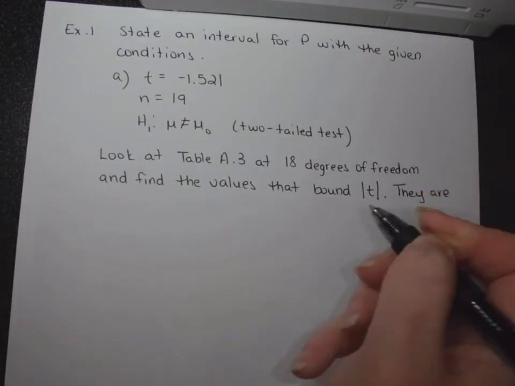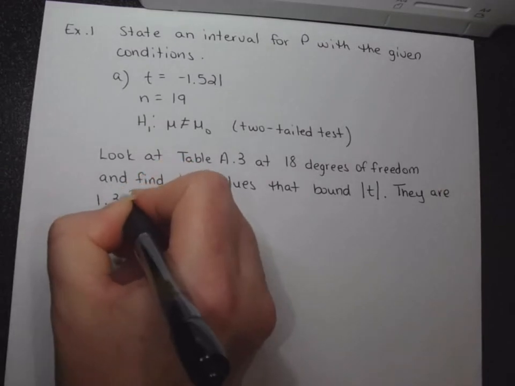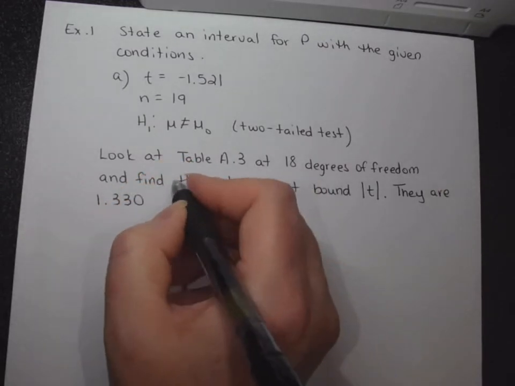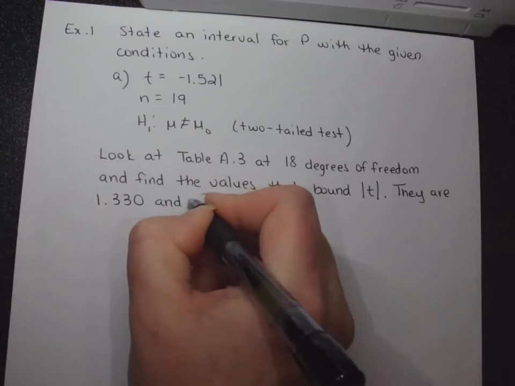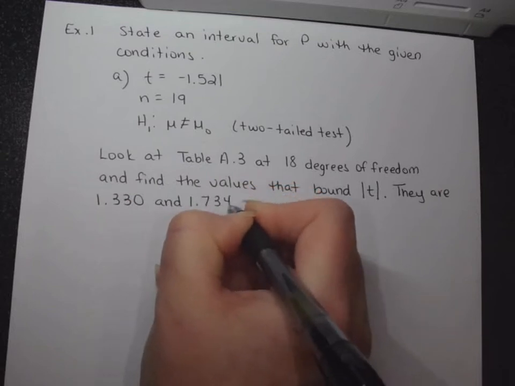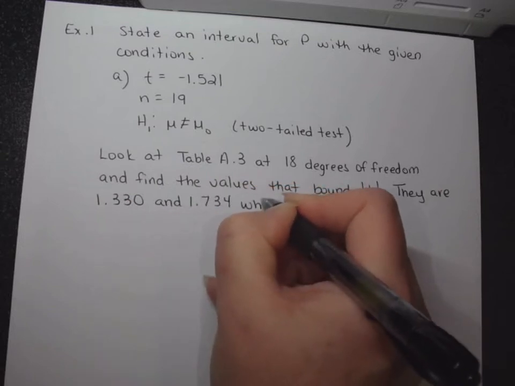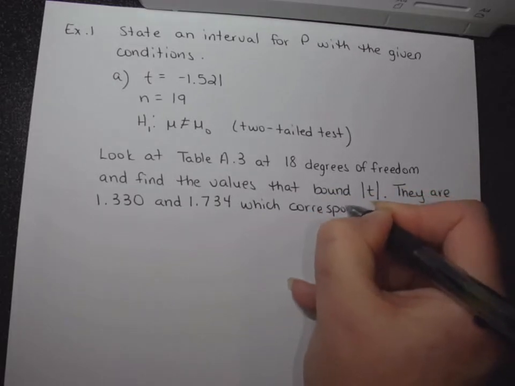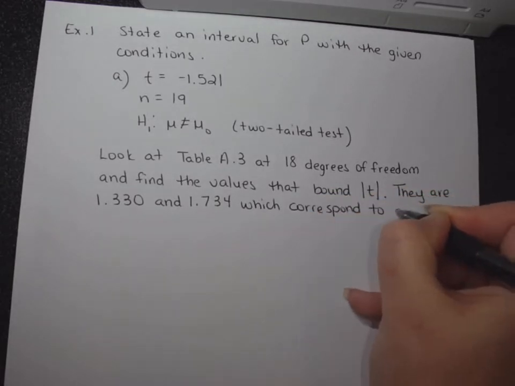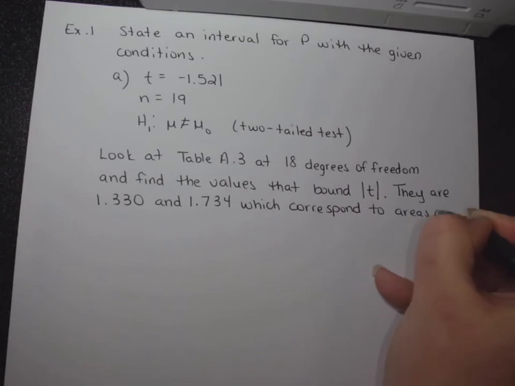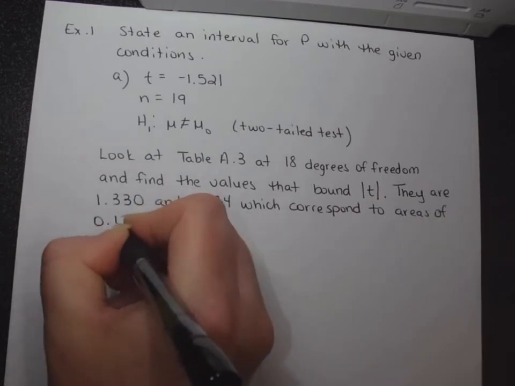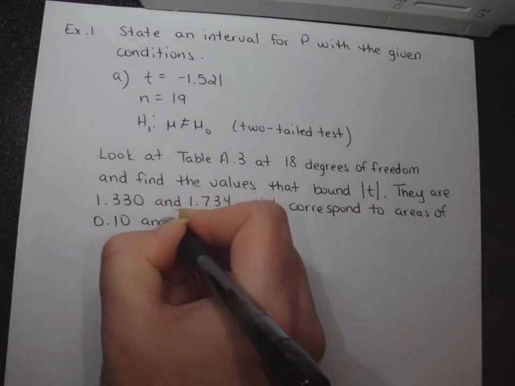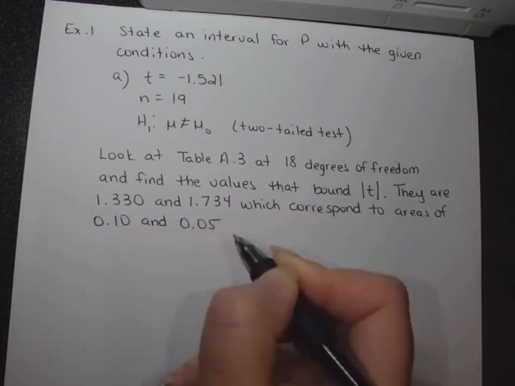So on that row of 18 degrees of freedom, the number that was below it was 1.330, and the number that was above it was 1.734. And then if you look up at that top row, those correspond to areas of 0.10 and 0.05.